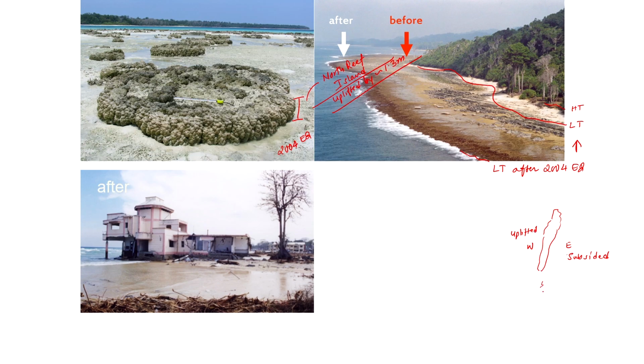But if you go further down here, then you have Car Nicobar, and this is a photograph of Car Nicobar. So the Car Nicobar area experienced subsidence, and the subsidence was of the order of 1.5 to 2 meters. This part we will discuss when we are talking about the tsunamis.